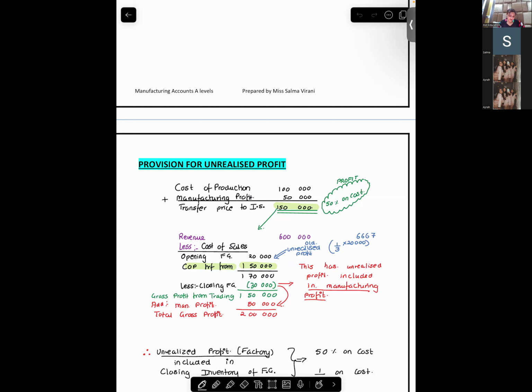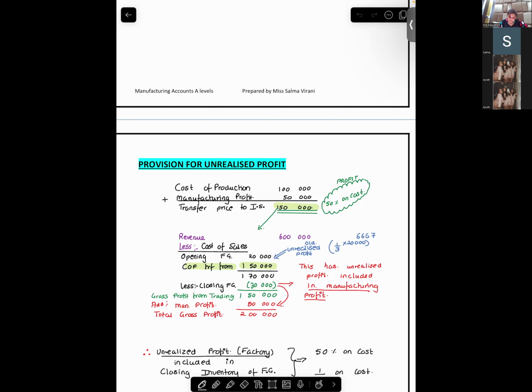Okay, fine. Now understand one thing. Your opening inventory of the finished goods would also be at transfer price. The production cost of completed goods is also at transfer price. When I say it is a transfer price, that means it has an element of the factory profit included in it.